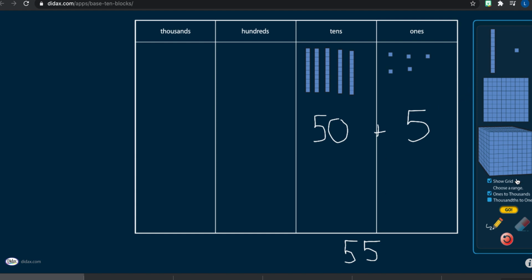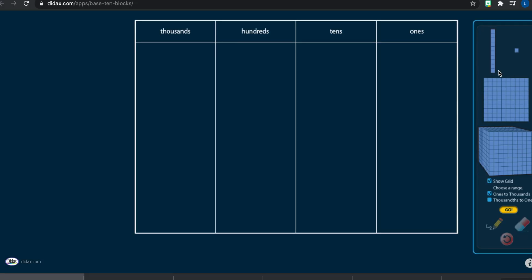So let's do another one. Let's clear this one. So remember, we have our rods over here. You always got to order them first. So I'm going to have this, and then I'm just going to do one like that. We got to order them, so all we have to do is put like ones together.